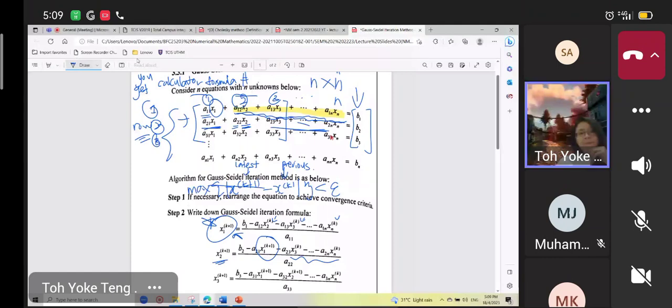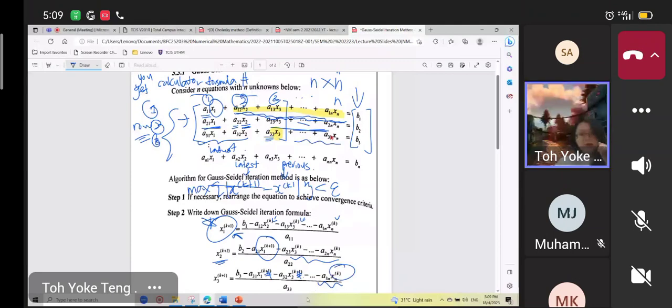Here the previous two we know the latest values, so there is x at (k+1), (k+1). No worry, later I will share with you how to use the calculator to store the latest value. For the rest, we just use the previous value, and then the coefficients over here.